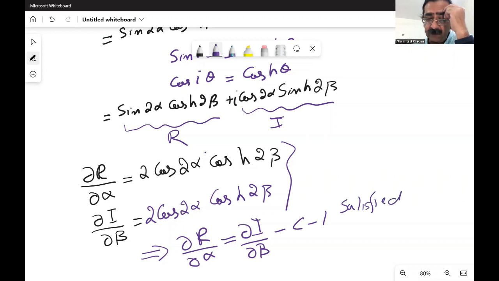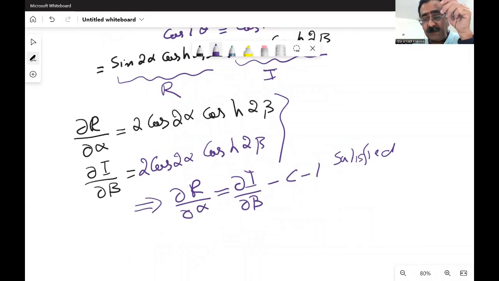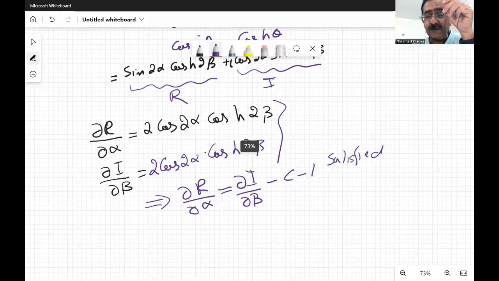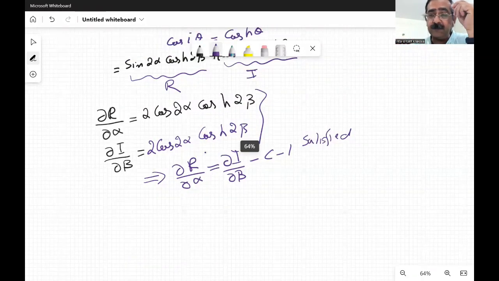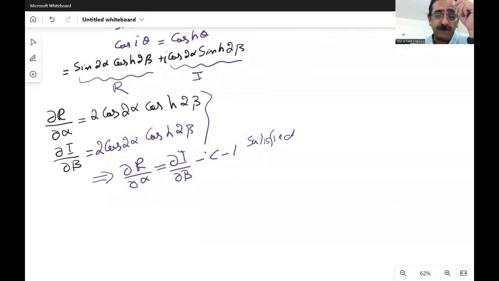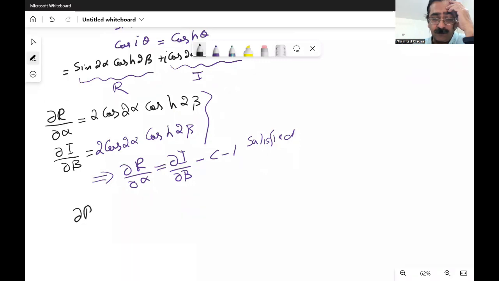The next condition is about partial R over partial beta.